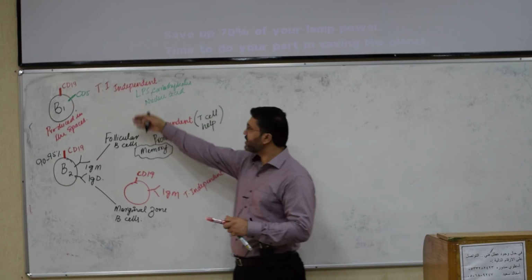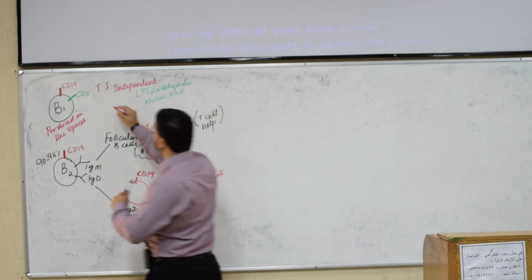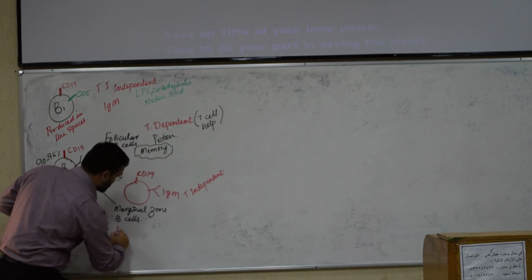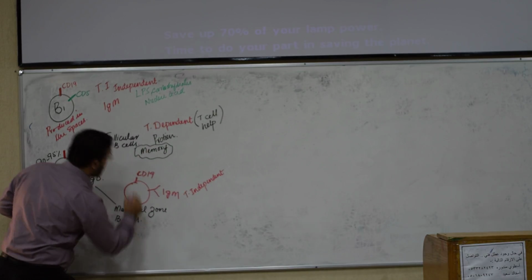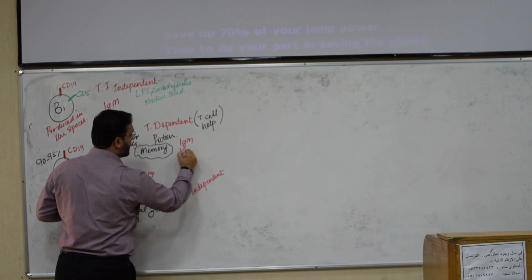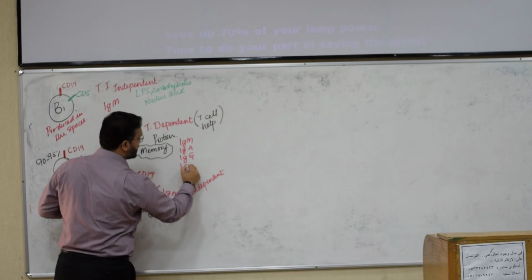Mainly, the antibody produced here is IgM. But the antibodies produced by follicular cells are IgM, IgA, IgG, and IgE.